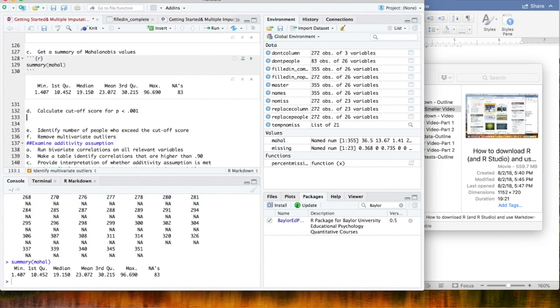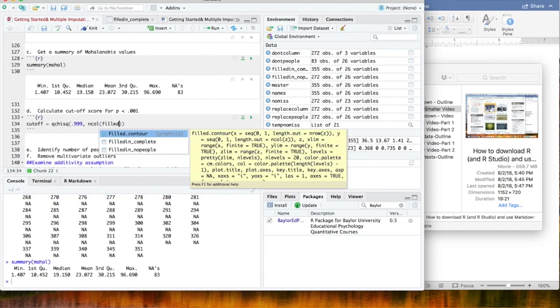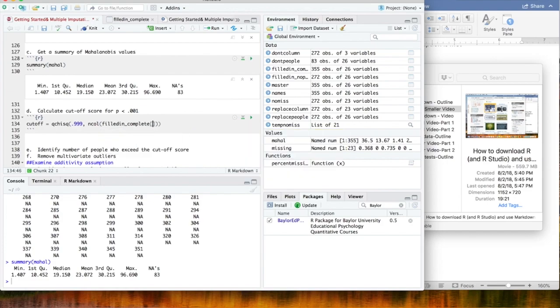Okay, so to calculate the cutoff score for p less than 0.001, because that is going to be our cutoff, cutoff equals qchisq, and this is 0.999 because it's basically 1 minus the p-value of 0.001, and ncol, and you want to enter the name of the data set, again without columns 1, 2, and 3.